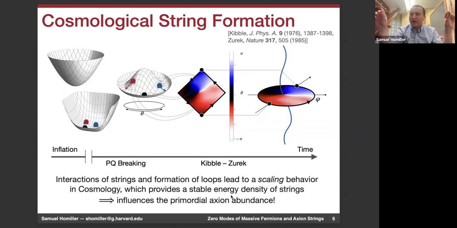And so you can have this stable energy density of strings. And now these things can radiate axions, and that can influence the primordial axion abundance that you expect in your theory.